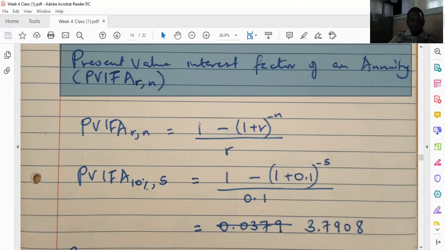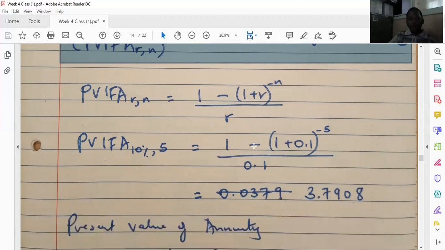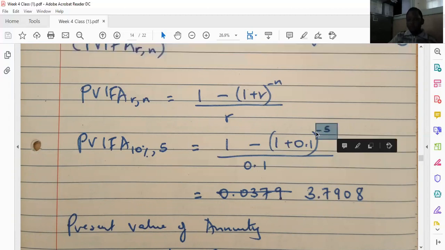The formula is equal to 1 minus, in brackets, 1 plus R raised to the power of negative n, divided by the discounting rate. So in our case, we have 1 minus 1 plus the interest rate, which is 10% or 0.1, raised to the power of negative 5, the number of years of the project, divided by the interest rate, which is 0.1.